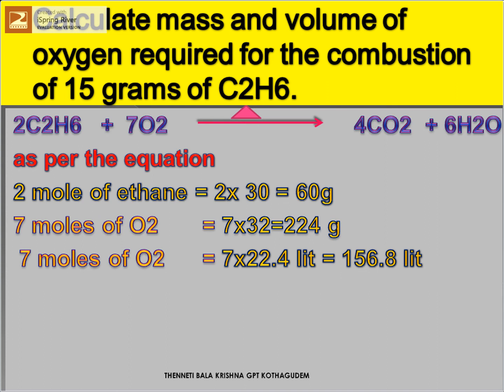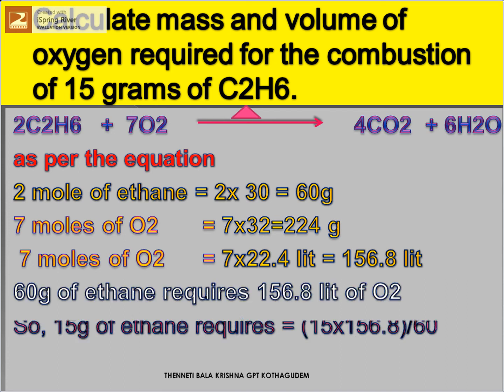So 60 grams is equal to 44.8 liters. Applying the formula, 60 grams of ethane requires 156.8 liters of oxygen.